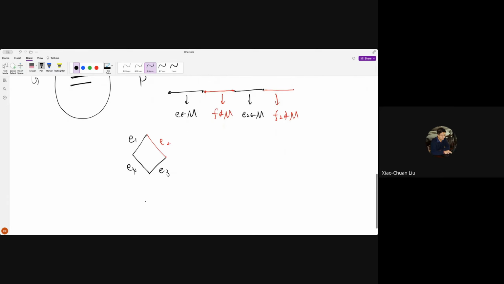Sometimes we just use dashed lines, but we have colors, so we can use different colors. But anyway, this is a path, and this is an M alternating cycle.